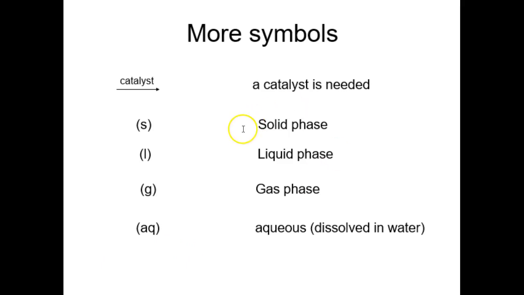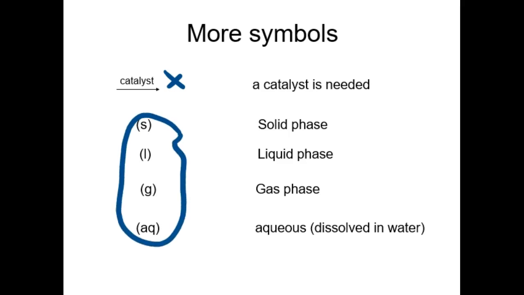All right, some more symbols. So pause the video again and write these down. The one that we're not going to use too often is this one, but we do need these. You've seen these before because I wrote these down a while back on the board. I said we'd come back to this, where S is a solid, L is a liquid, G is a gas, and then we have A, which is aqueous, and it means it's dissolved in water.